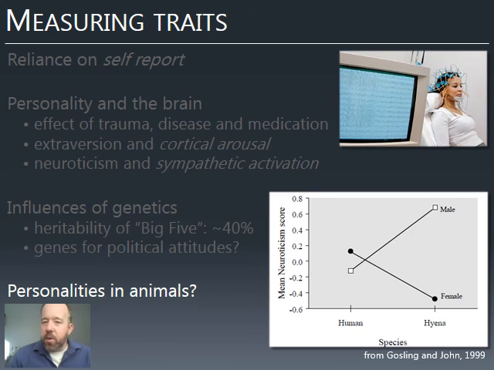In hyenas, the opposite is true. Females tend to be bigger, and dominance is largely governed by the female line. So females are dominant members of the pack, and dominance, leadership of the group, so to speak, is passed down from mother to daughter. And so, obviously, a very different culture with hyenas.